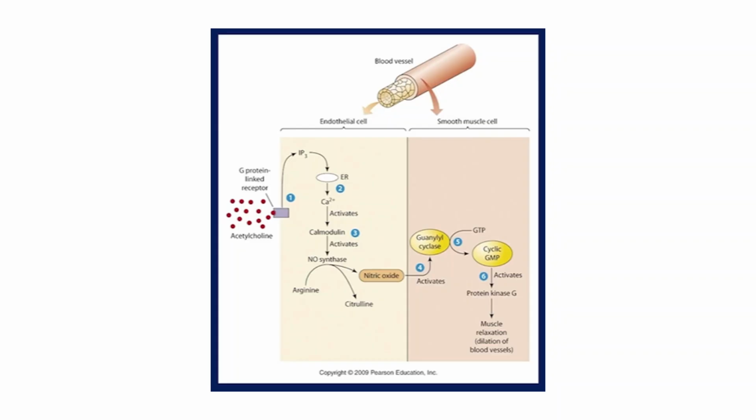This is in response to acetylcholine binding, leading to certain steps, eventually activating NOS, leading to nitric oxide. Now, nitric oxide just diffuses, and eventually, after some in-between steps of cycling, it leads to muscle relaxation.